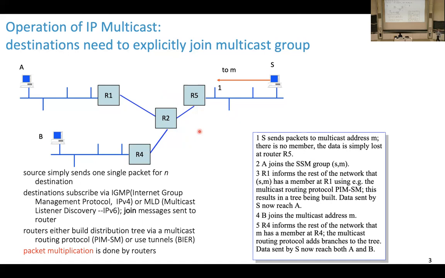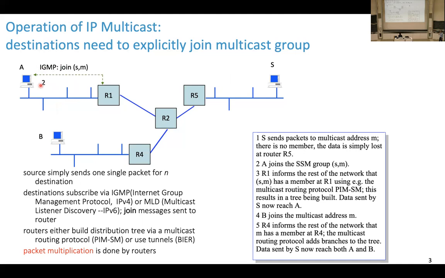Let's assume that host A would now like to join the group. First, it needs to warn the router to which it is linked. You need to warn the router that you would like to join this group. Here we are in the specific case of source-specific multicast, but it also works with any-source multicast.